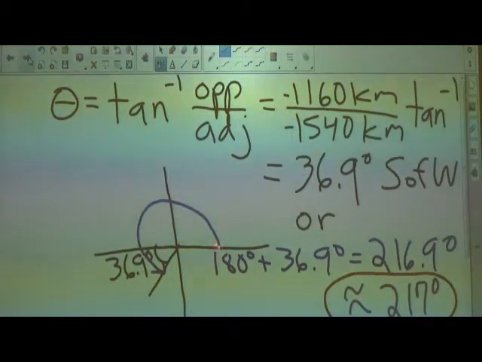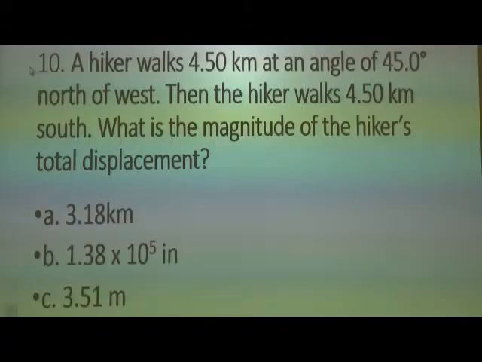So when we do this, this is 180 degrees right here, and we add in the 36.9, so it comes out to 216.9 degrees, or you could write down 217 degrees based on sig figs. So it's 217 degrees from this x-axis. So this was always our standard. Alright, I hope you got that. Let's go to the next one.